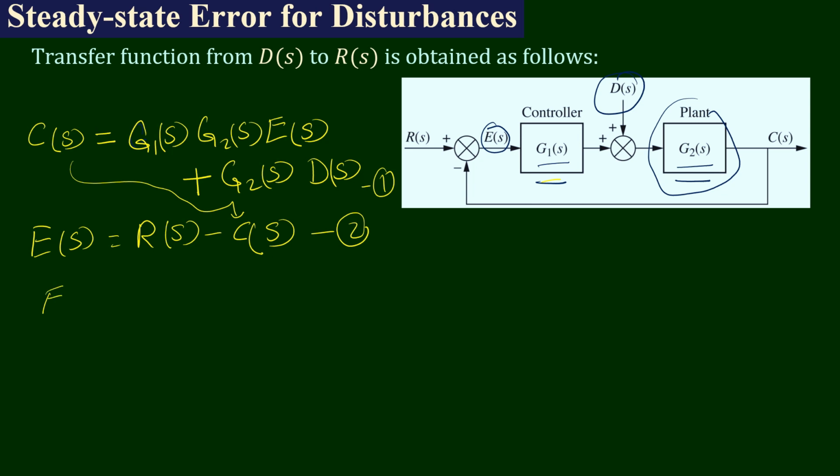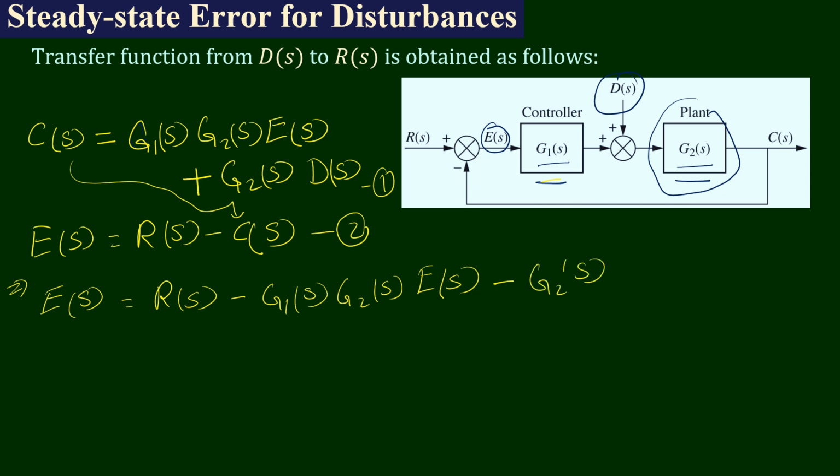So here we will get E(s) equal to R(s) minus G1(s) G2(s) into E(s), minus G2(s) into D(s), and then we can shift this from the right hand side to the left hand side.